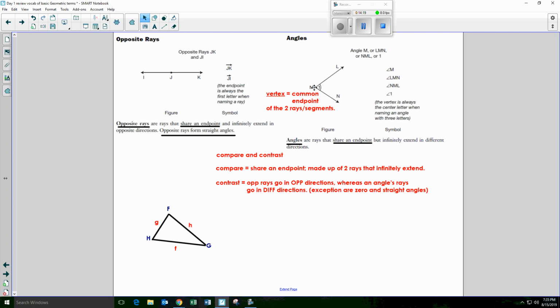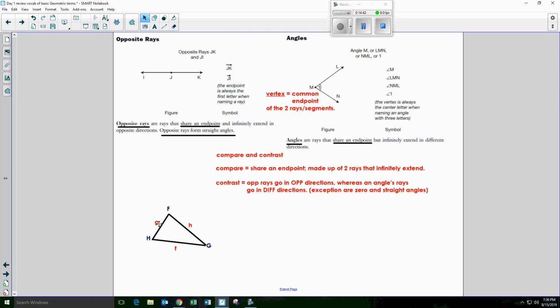There's only one exception, when I do an opposite ray, where it's going to be in opposite directions for 180 degrees, or if it comes right back onto itself, it could be 0 degrees, and we'll be talking about those 2 next lesson when we talk about angles. Okay, so these are exceptions. Okay, remember compare and contrast, those are English words that you should be familiar with.